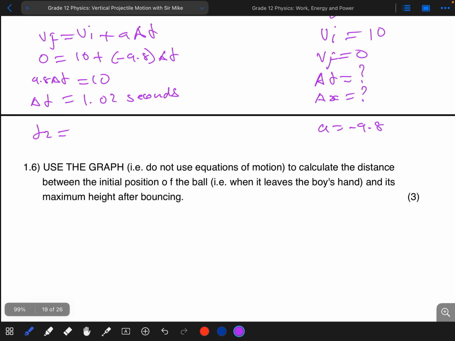So 2 plus 1.02, and your time will be equal to 3.02 seconds.